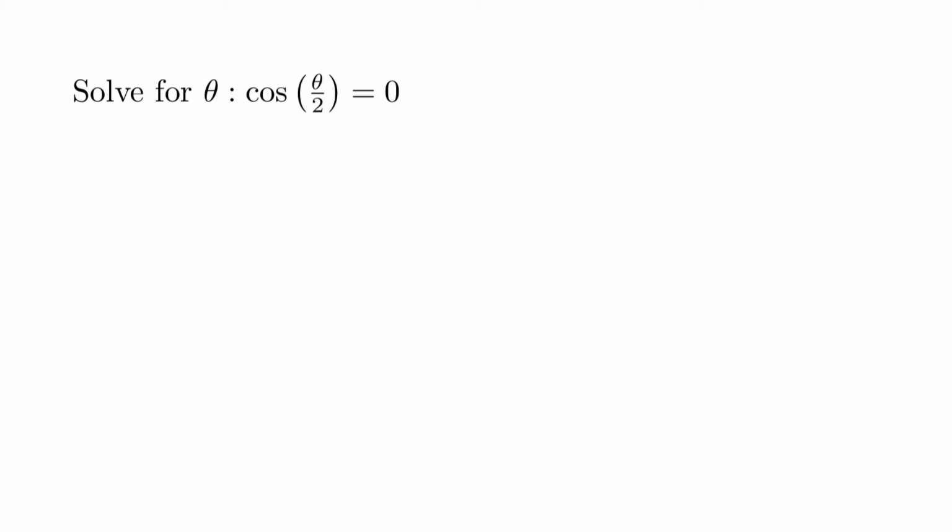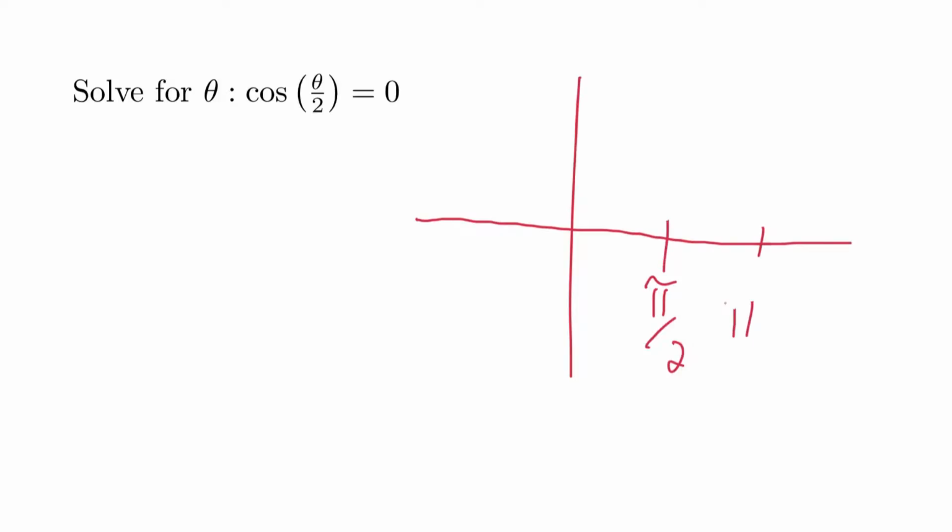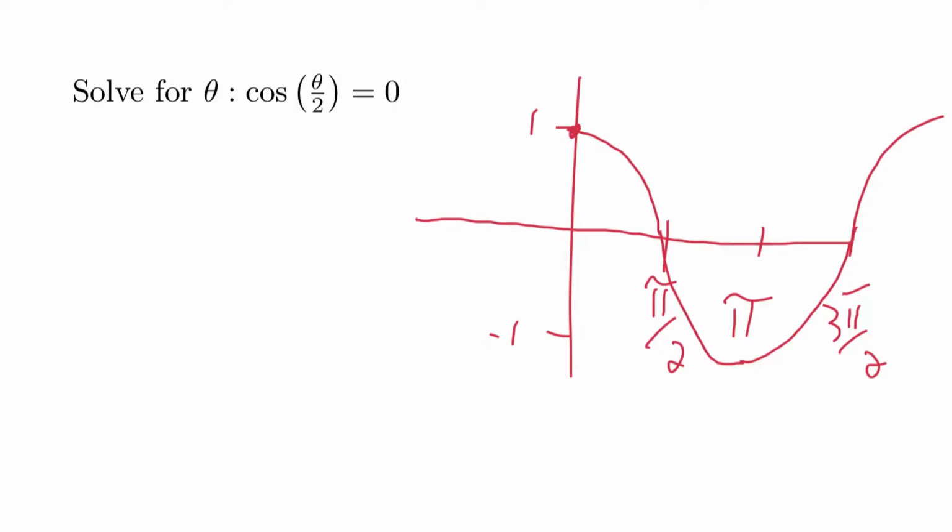How about now? Let's look at cosine of theta over 2, and I want that to be equal to 0. So let's draw a picture of cosine. So something like this.